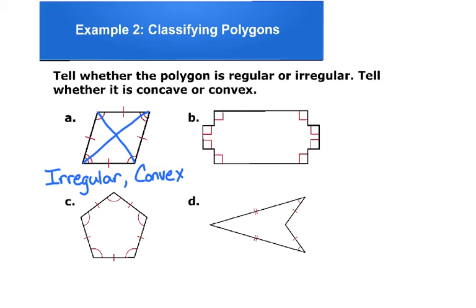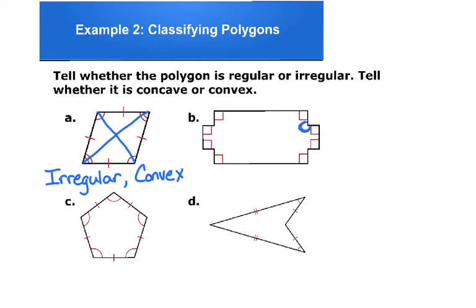Now this next one, we can see pretty plainly that not all the sides are congruent to each other. But let's look at the angles. We see mainly right angles being stated here. But what about this angle here? That is an interior angle right there.